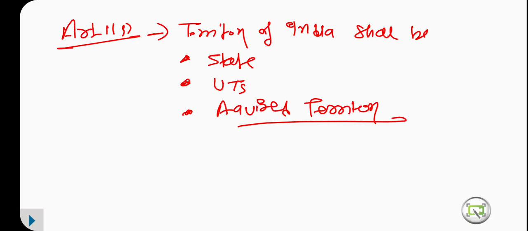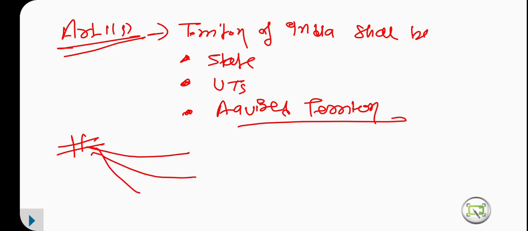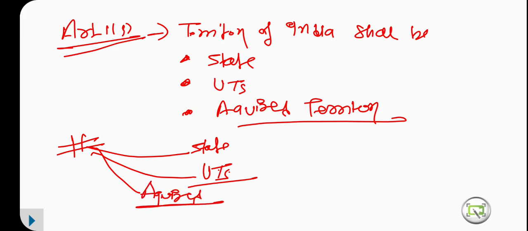Article 1 clause 3. If you look at the text of Article 1 clause 3, it is written that the territory of India shall be: first, states; second, union territories; and third, acquired territory.